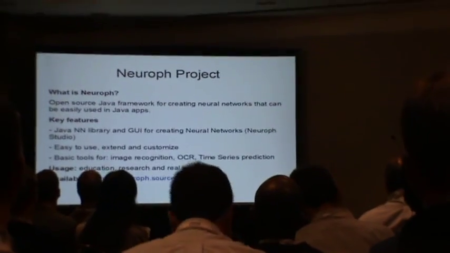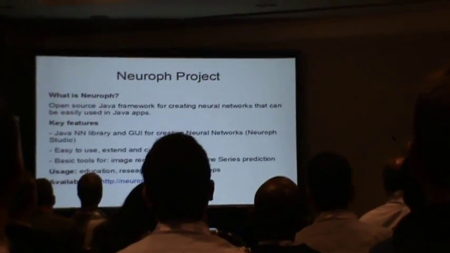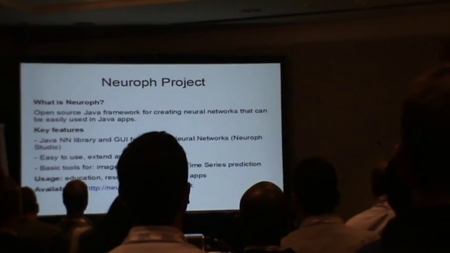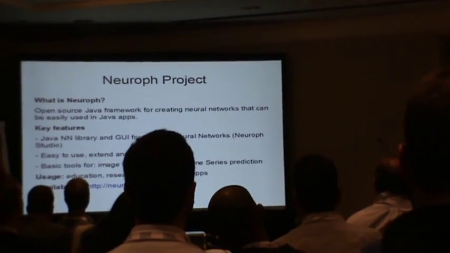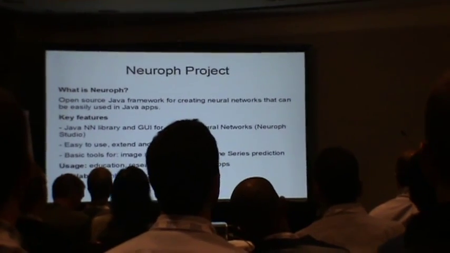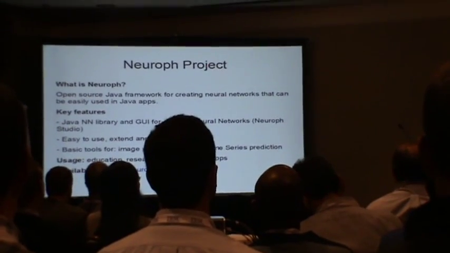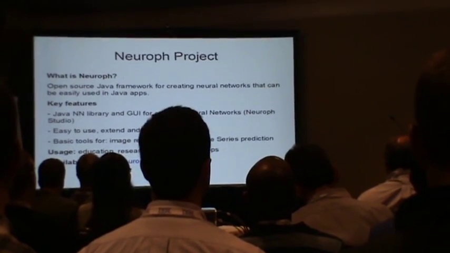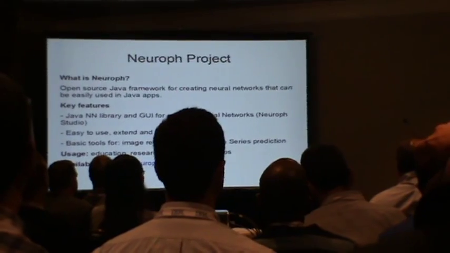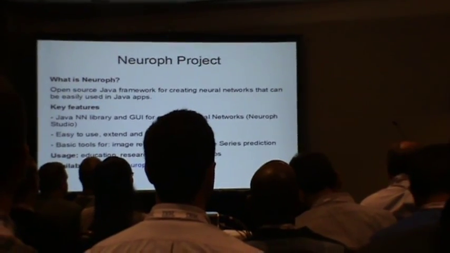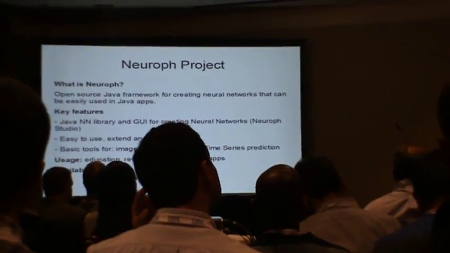One of the very important features is that Neuroph is very easy to extend and customize due to its design. Its design is very clear and logical, object-oriented, and it has very clear extension points, and it has a plugin system.